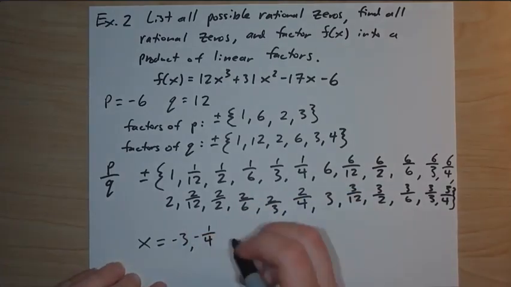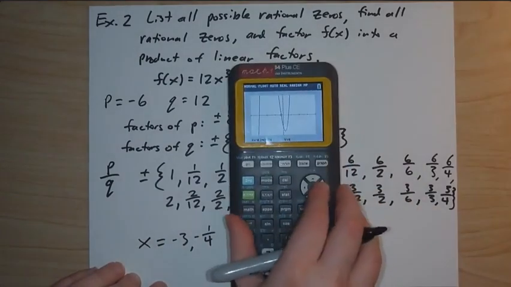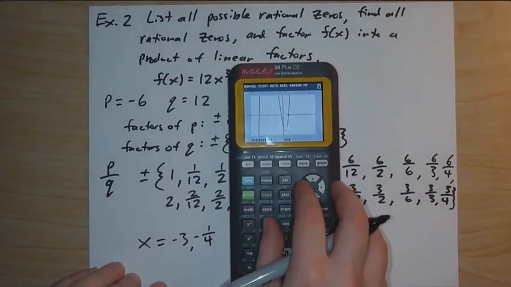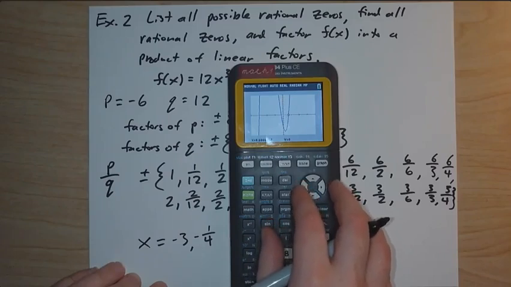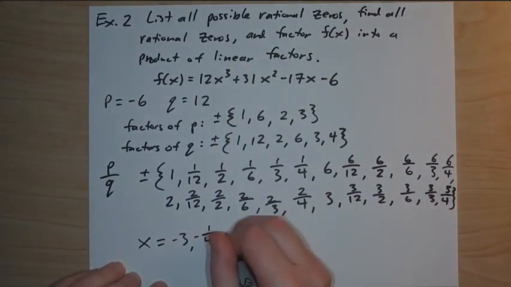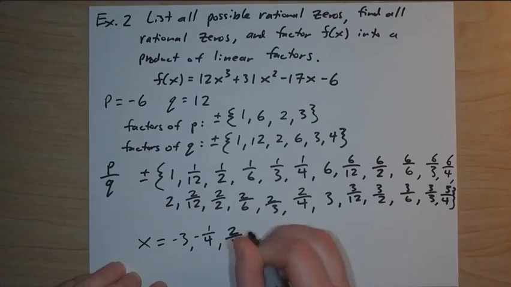It's right around that area. And then if we scroll over to this side, we find one at around 0.666667, which is 2/3. So these are the actual zeros that we have.